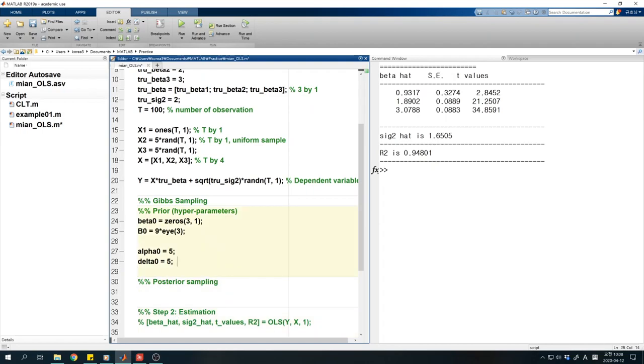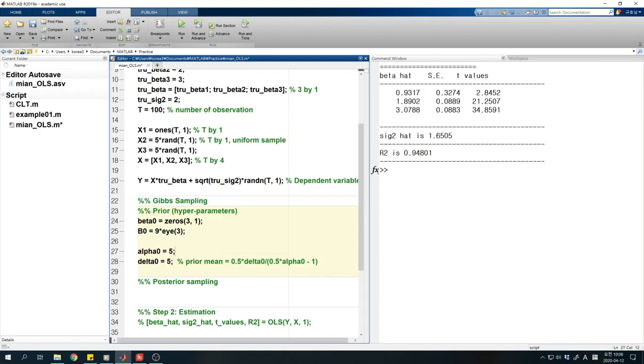For example, the prior mean is determined as 0.5 delta 0 divided by 0.5 times alpha 0 minus 1.